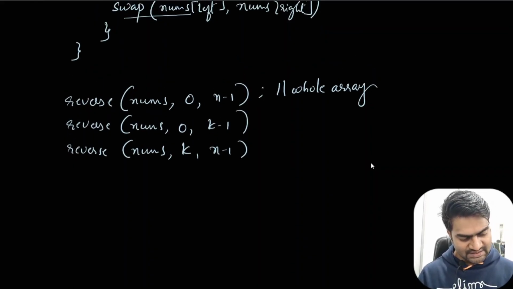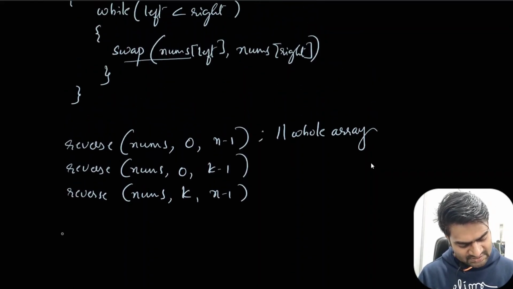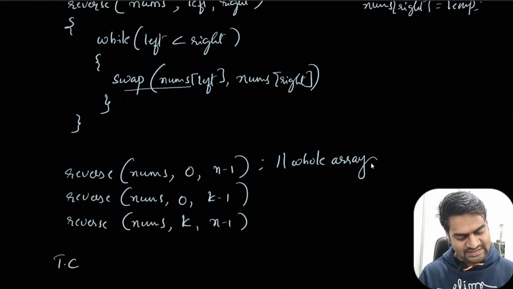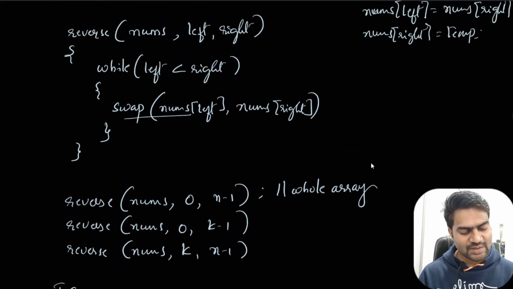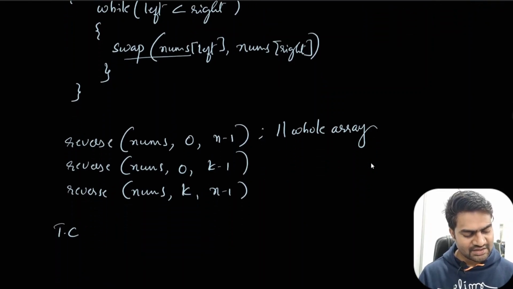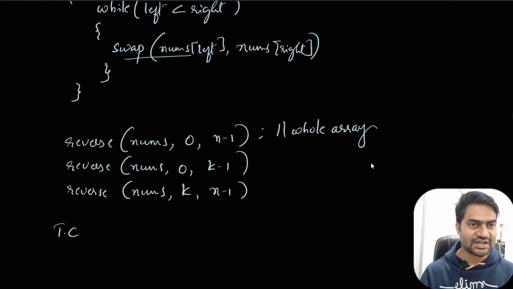So what is the time complexity? We are swapping for the entire array one time. Then again we swap a half array. Assume k is exactly n by 2, which won't be the case, and the remaining elements are reversed in the next call.